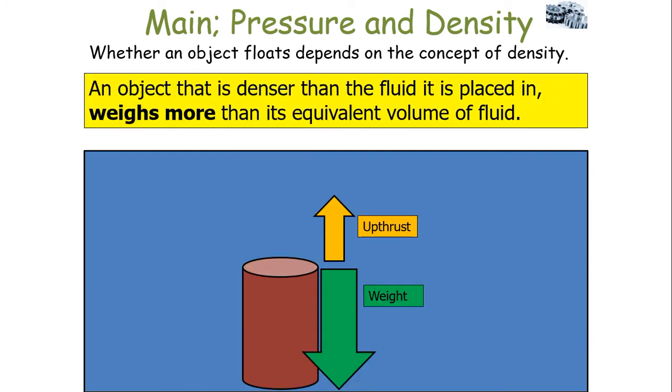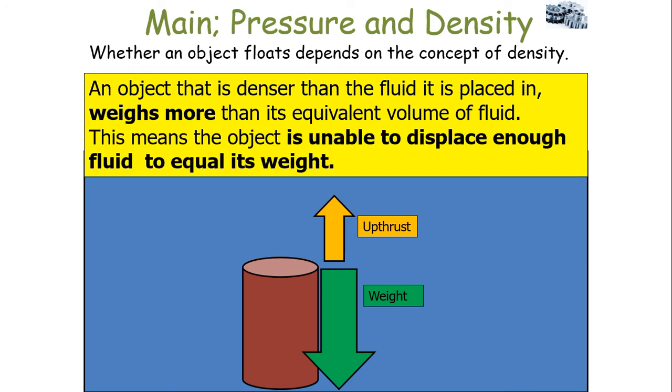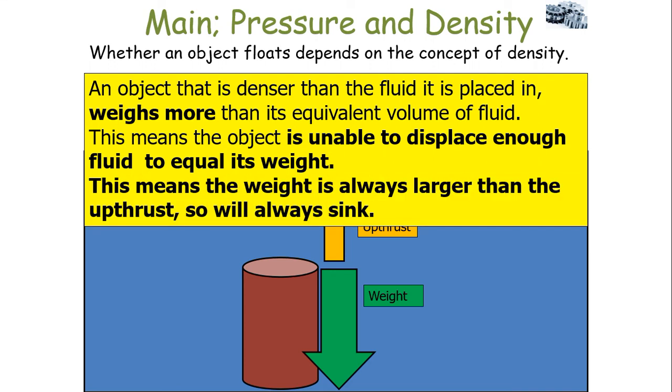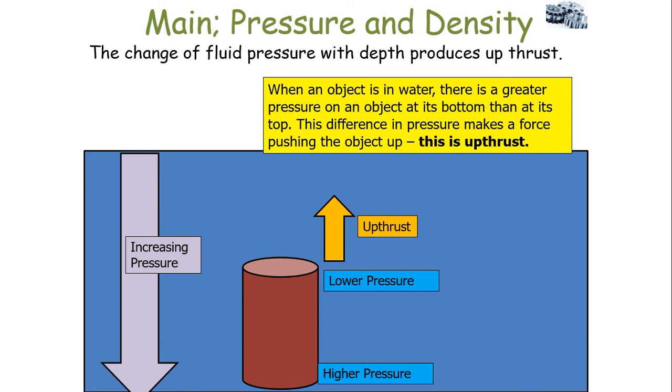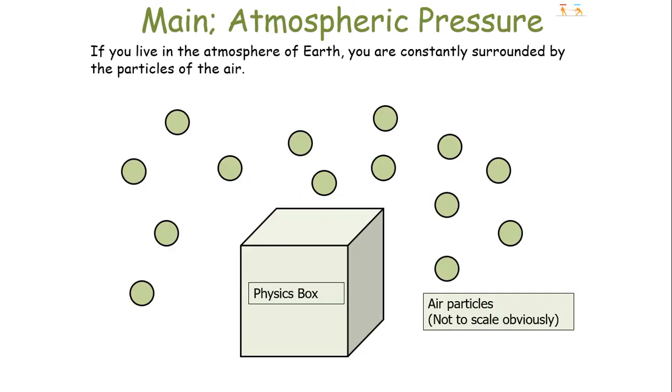Now, an object that's denser than the fluid it's placed in weighs more than its equivalent volume of fluid. So this means that the object will never be able to displace, to kick out enough fluid to ever equal its weight and to float, so it will sink. So this means the weight is always going to be larger than the upthrust, so it's always going to sink. So like we mentioned before, we can talk about how upthrust is produced.